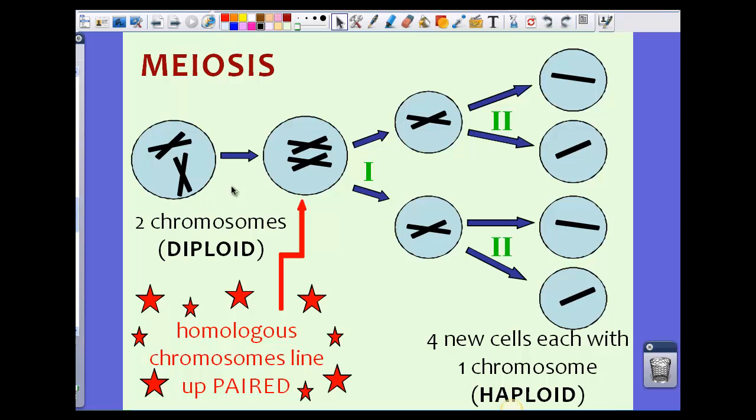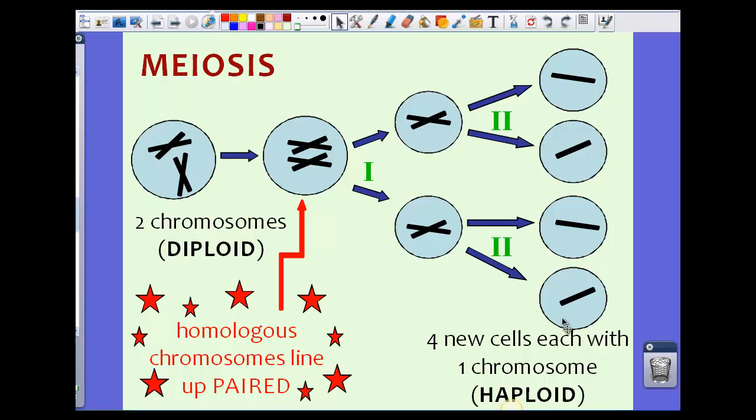In meiosis, because we have 2 divisions, we actually see metaphase kind of happening twice. So we start with a diploid number of chromosomes. When they get to metaphase, they're actually going to line up paired. Notice paired. These guys are going to line up almost like 2 by 2. And then after the first division, now we still have a number of chromosomes in here.